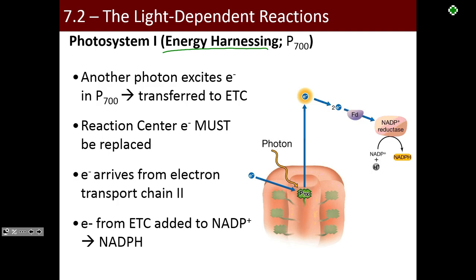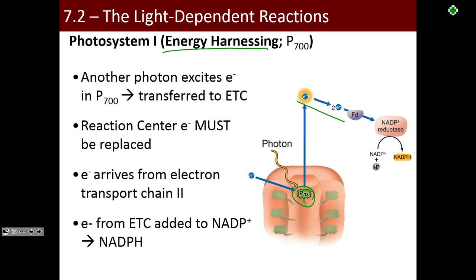So here in photosystem 1, our second in the chain, we still have photons hitting the photosystem, right? This photosystem is also receiving light energy. And as that happens, energy is being passed to the P700 chlorophylls, and the electrons get excited, and one gets transferred up to our second electron transport chain.